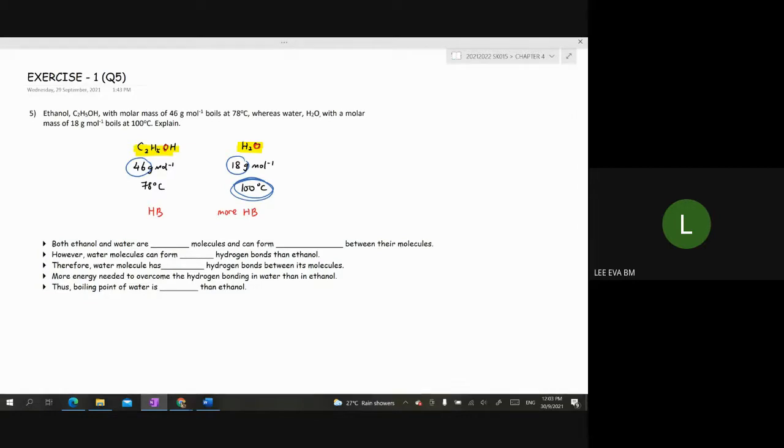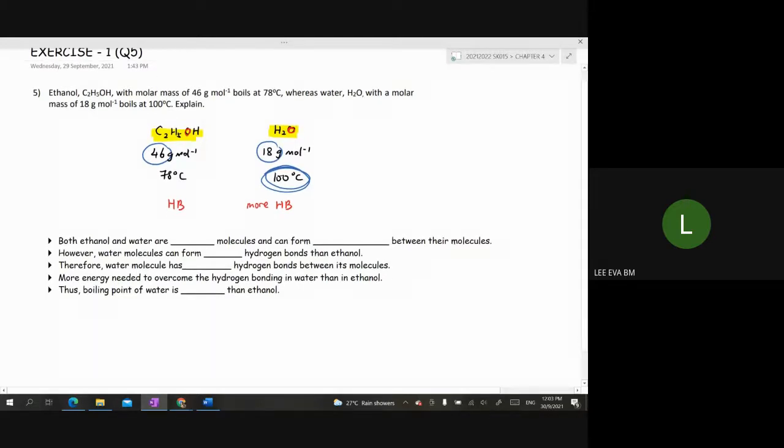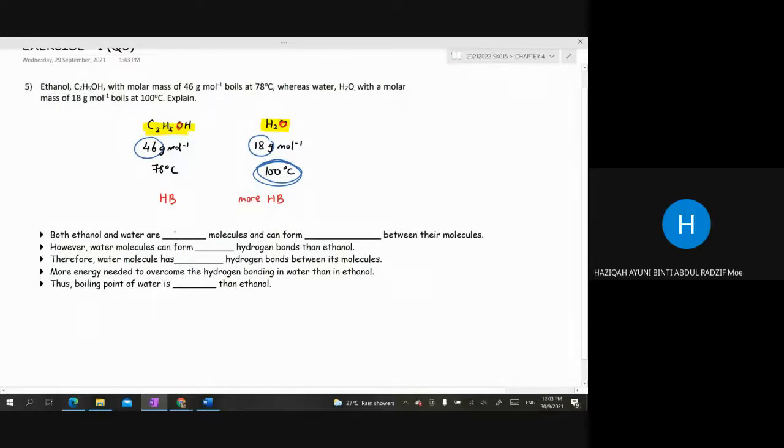So let's see the explanation here. Both ethanol and water are, what should I fill in? Are molecule and can form nak isi apa? Polar molecule and can form hydrogen bond. Good.